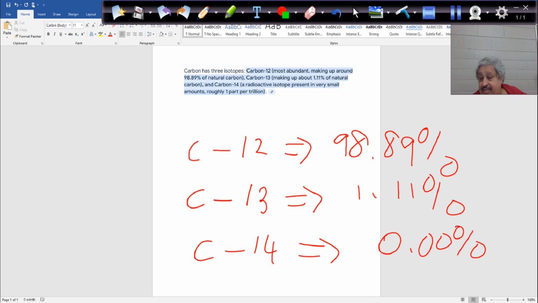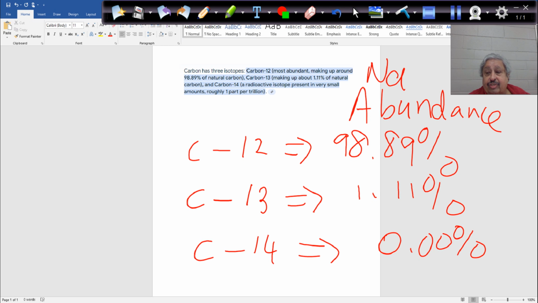This is the natural abundance, found in nature. We'll come back and look into that this coming Wednesday.